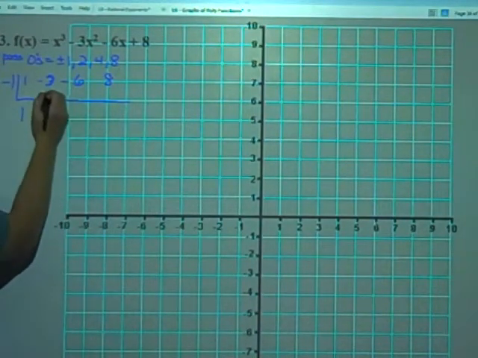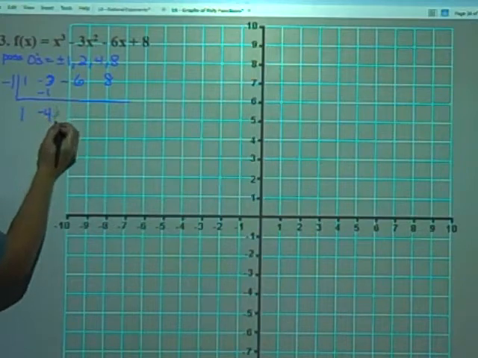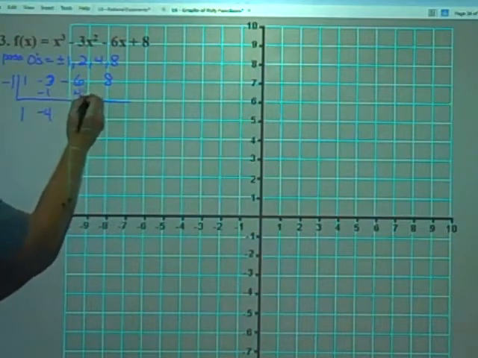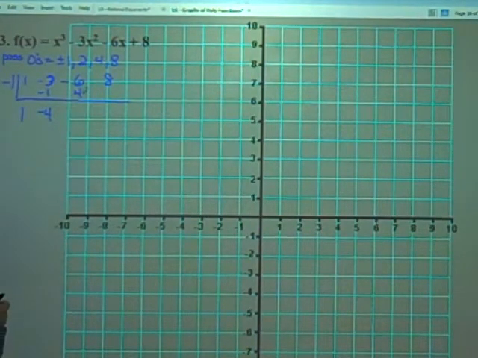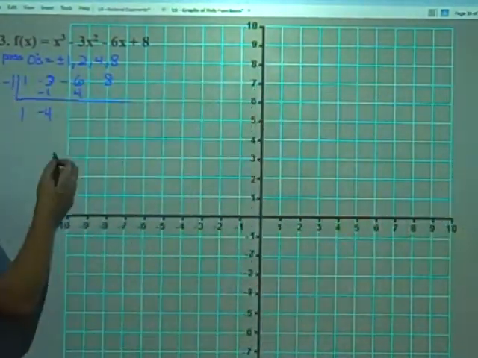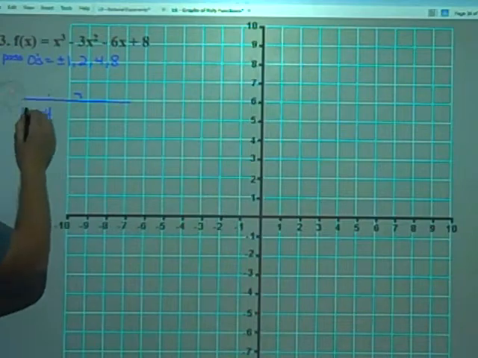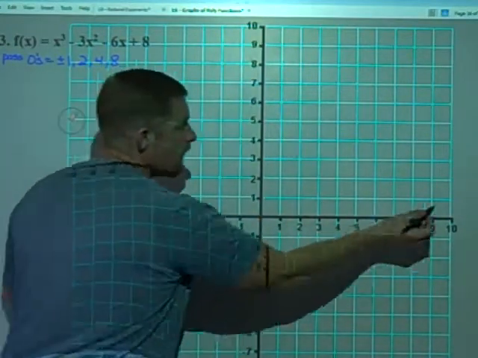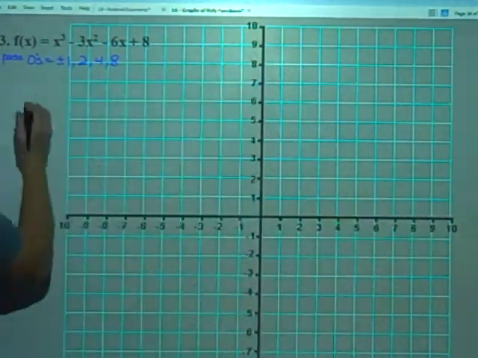Bring down my 1, negative 4, that becomes 4, and already I can tell this is not going to work. So, I will start again, and I will use 1.